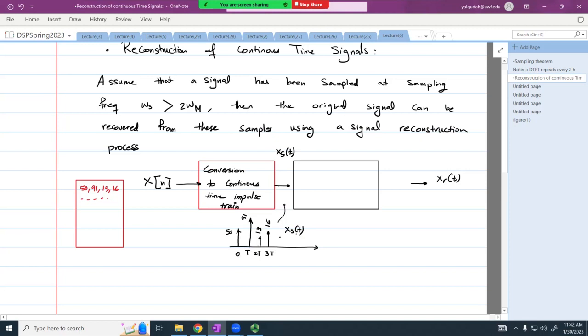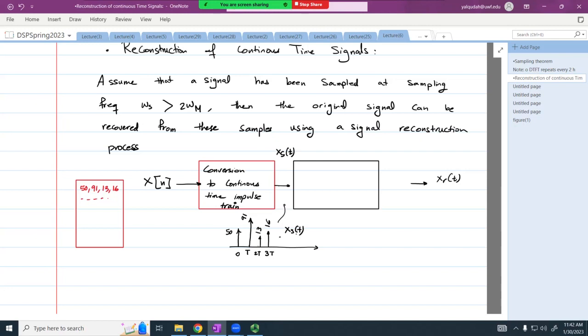Make sense, everybody? So starting with x of n, the discrete time signal, I'm going to take these values and generate impulses at every T seconds. The magnitude of the impulse is going to be proportional to these values. What do I have to do next?